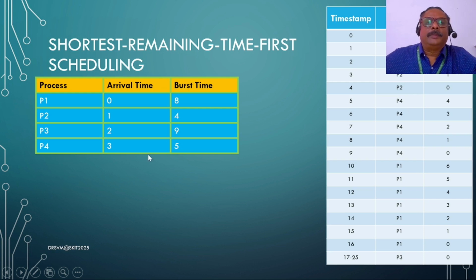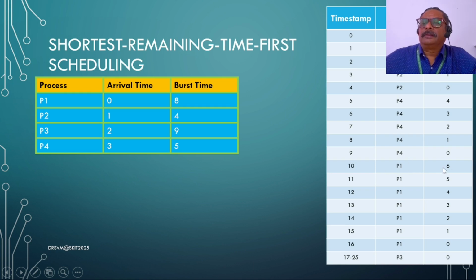Then comes P4, 1 slot, 2, 3, 4, 5 slots, because as long as P4 is working, we are left with P1 with 7 and P3 with 9, which is bigger than 5, 4, 3, 2, 1, 0. So P4 continues to run, and once that is done we are left with P1 and P3. P1 requires 7 and P3 requires 9, so P1 wins the race.